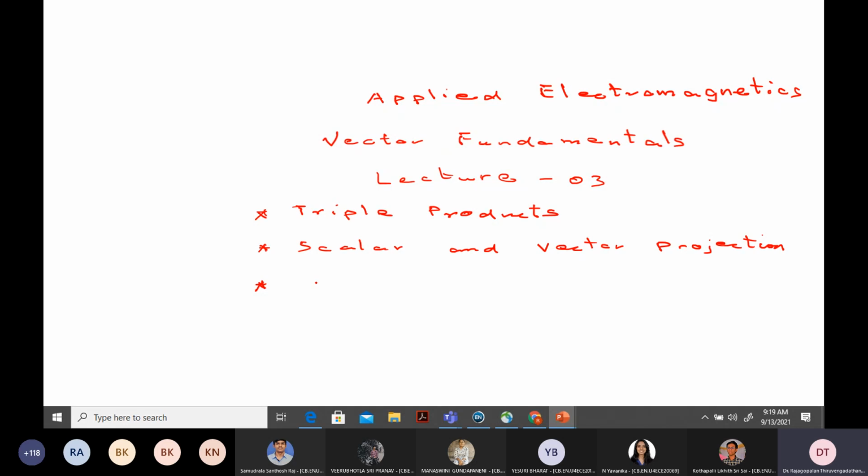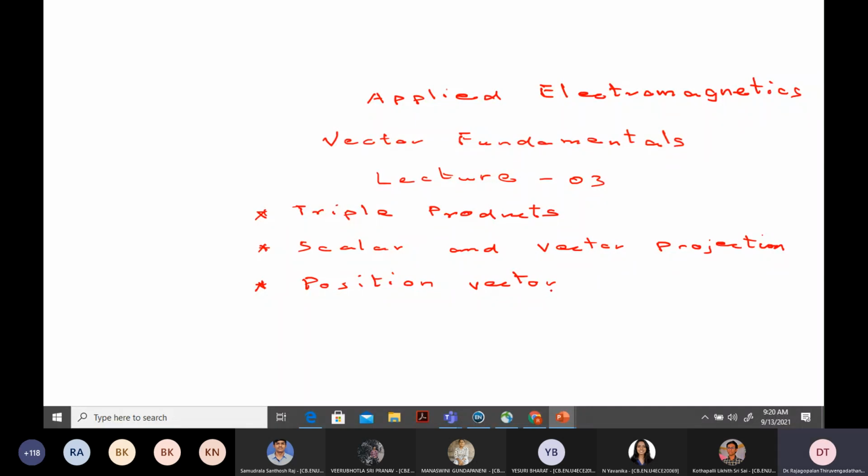That is another concept. Then what we will be talking about is the concept of position vector, because whenever we talk about a field quantity in applied electromagnetics, we will come across a term called the source, that is, the source for the field. So there must be a source for the field, and that must be located at some position, at some point in space.